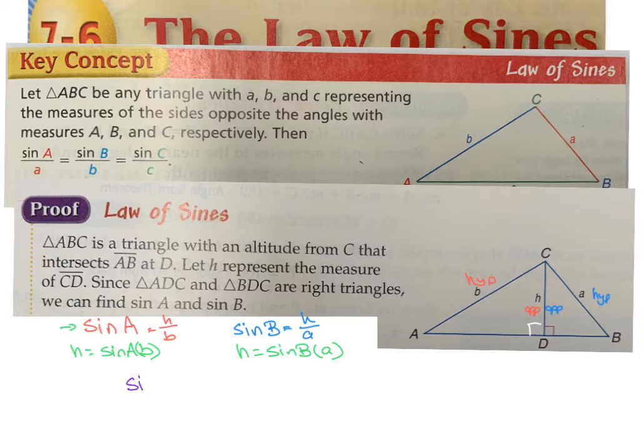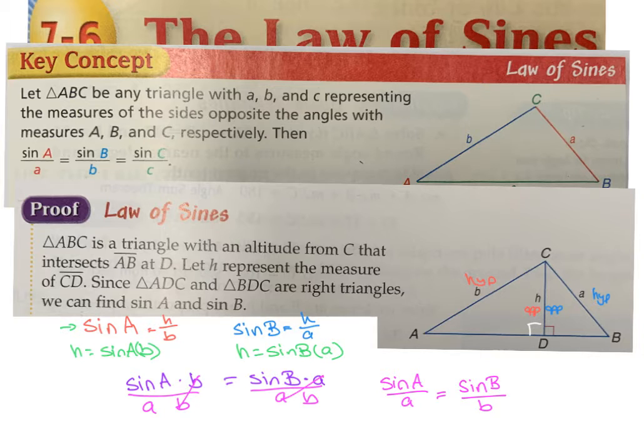So sine of A times b equals sine of B times a. When I put a's together and b's together, I would divide both sides by a here to get rid of it, and divide both sides by b to get that over here. That means sine of A over a equals sine of B over b. And that's where we get this theorem from.